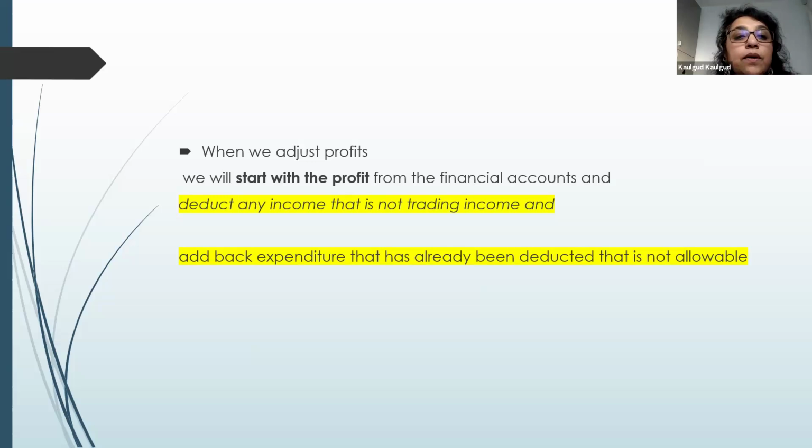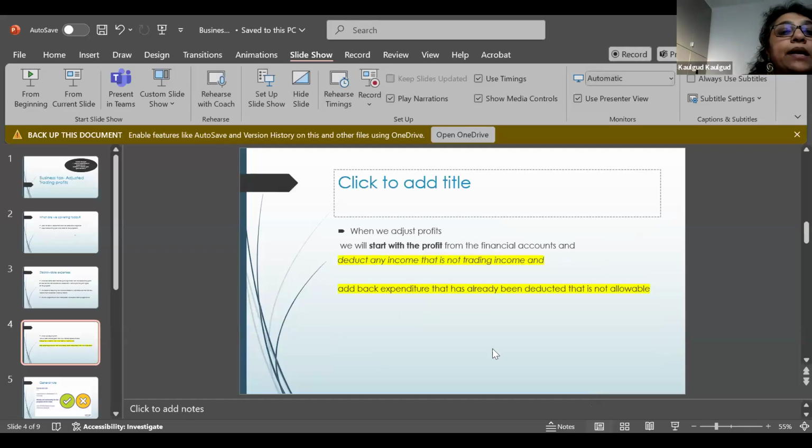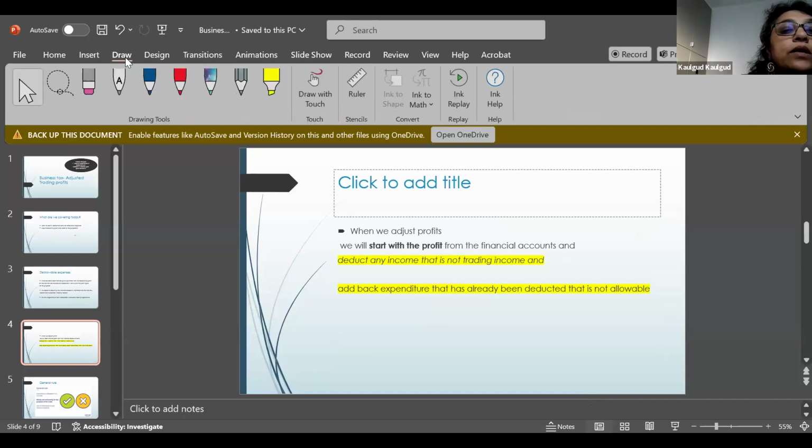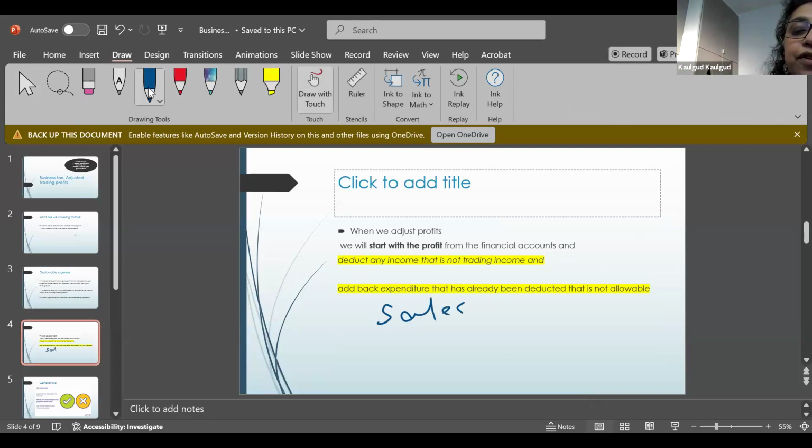If I were to write on my slide here, we have sales, then less cost of goods sold, then we get the gross profit, then we take away all our expenses.